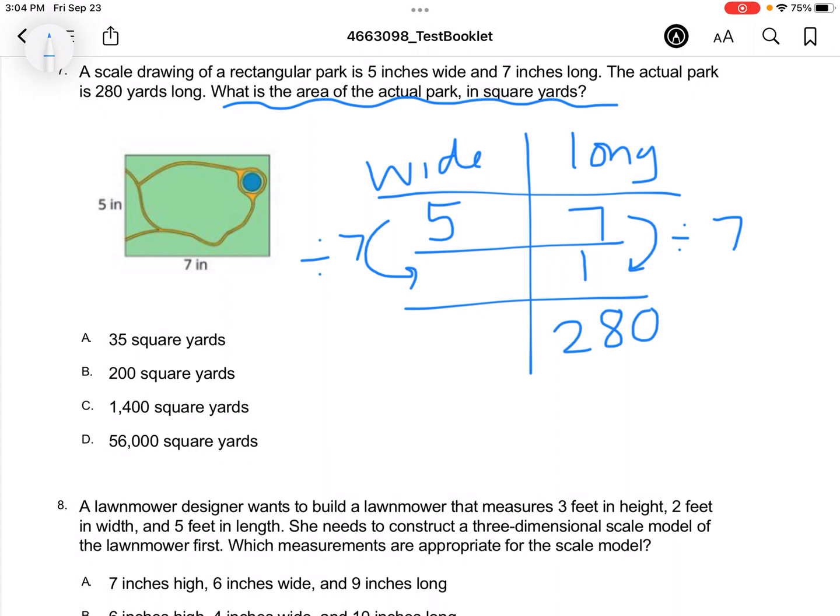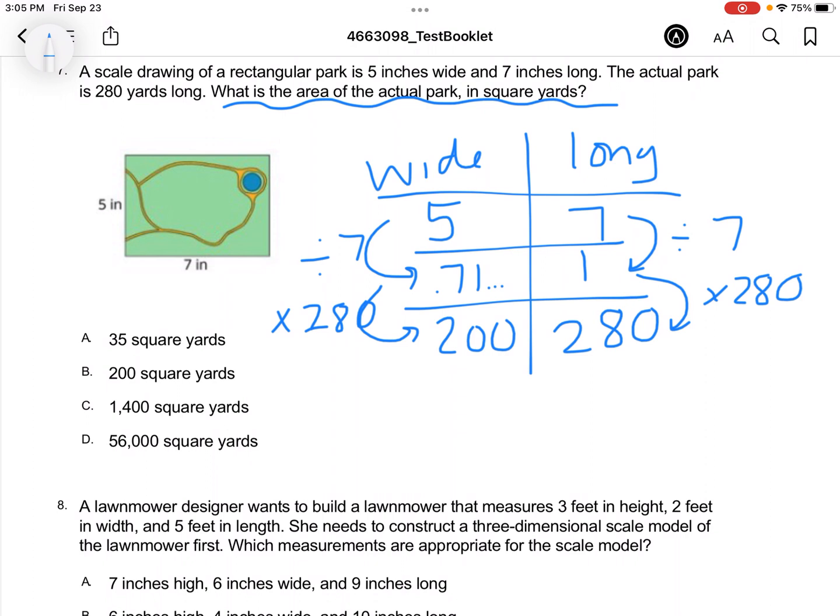5 divided by 7, I get 0.71. I'm going to leave that in my calculator, and I'm going to multiply by 280, because whatever I do on one side of the table, I have to do to the other. And I get 200.